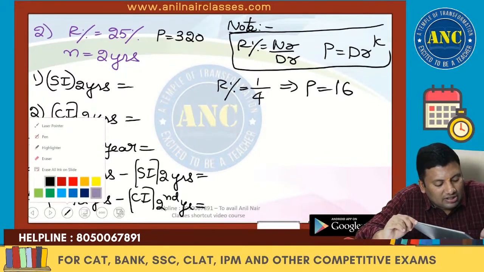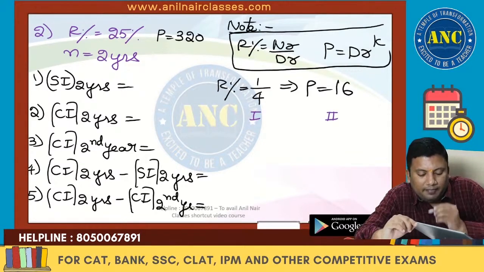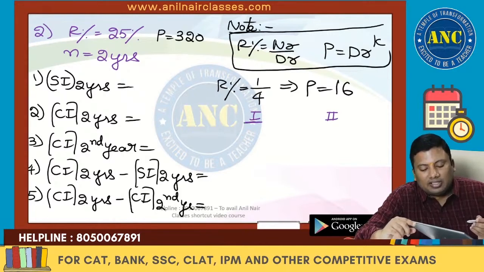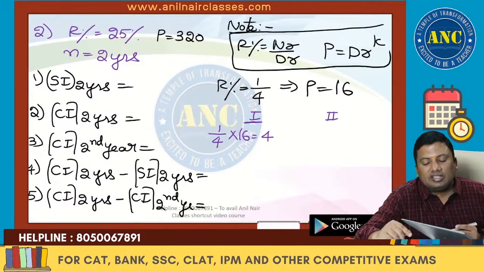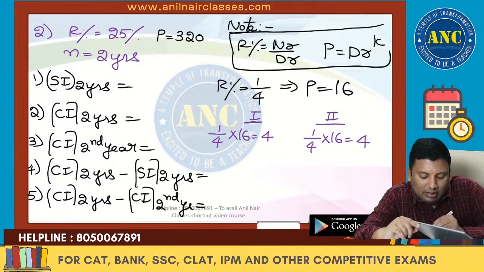Listen carefully, sir. This is first year and it is second year. First year interest remains same for first year and second year. So it is 1/4 of 16, which is 4, which is SI. Second year also, 1/4 of 16, which is nothing but 4.